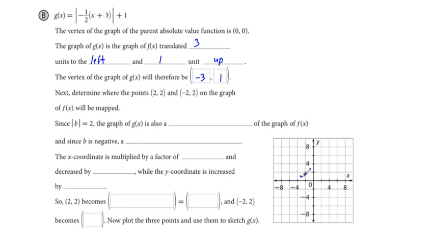So if we go up 1, over 2, we're going to look something like this. And we have symmetry about this vertical line, x equals -3. And so we're going to look like this.